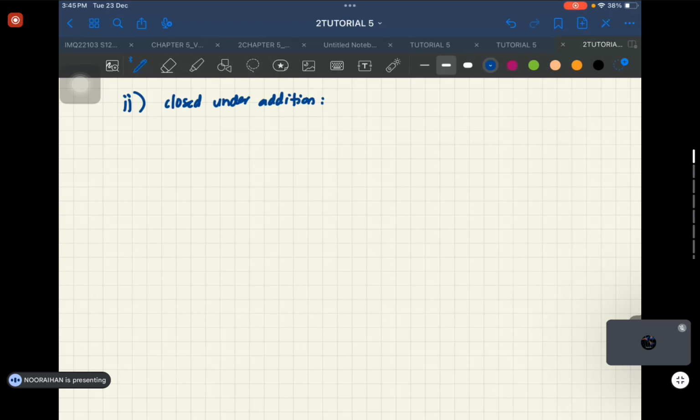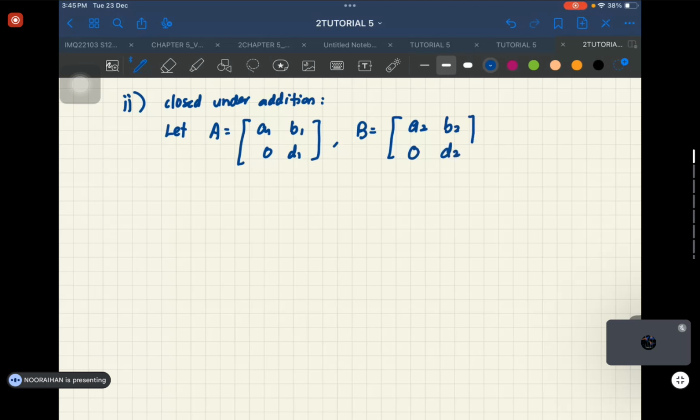You have to let it become A and B. Let A be A1, B1, 0, D1, and B be A2, B2, 0, D2.